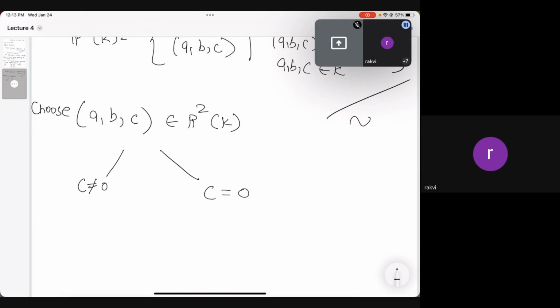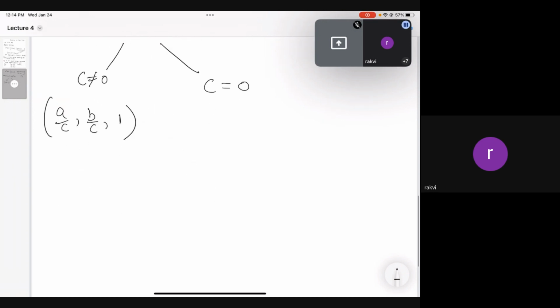If C is non-zero, then I can identify this (A, B, C) with (A over C, B over C, 1). And now under this identification, you can think of this, instead of projective space, as really affine space.